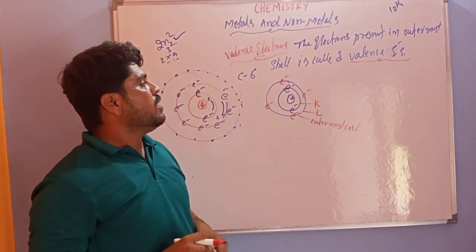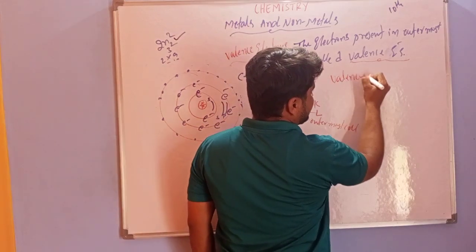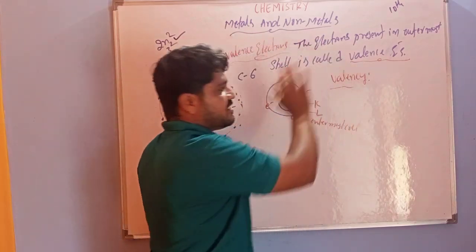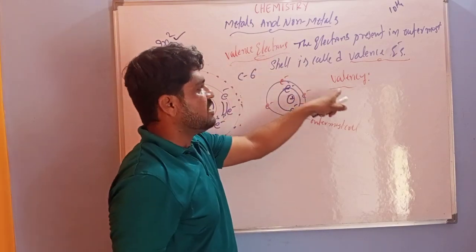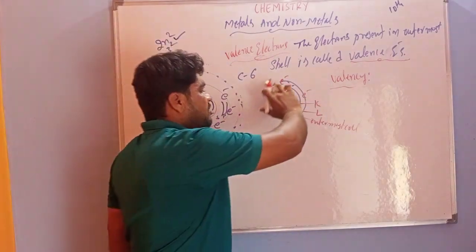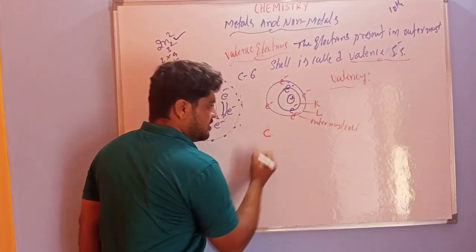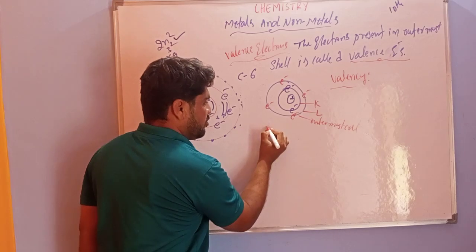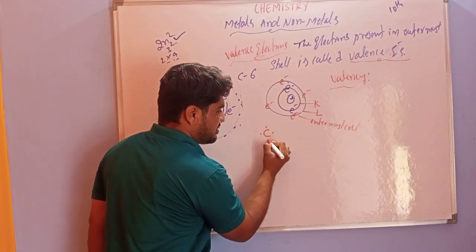Enough. Okay. Next is valency. There is a difference between valency and valence electrons. In this carbon we have 4 valence electrons. For example, I am taking this carbon and going to represent the Lewis dot structure. Here electrons are represented by these dots.